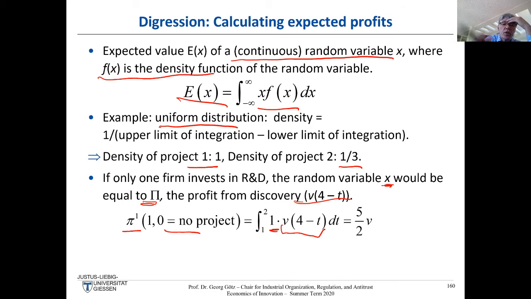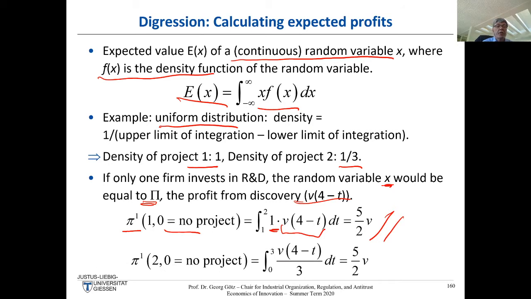Here the t is the variable over which you integrate, the integrand. It's straightforward to calculate that this integral gives you a value of 2.5V, which is obvious anyway, because you know that the expected date of discovery is 1.5, V is 4 minus t, and if the expected date of discovery is 1.5, we are left with 2.5.